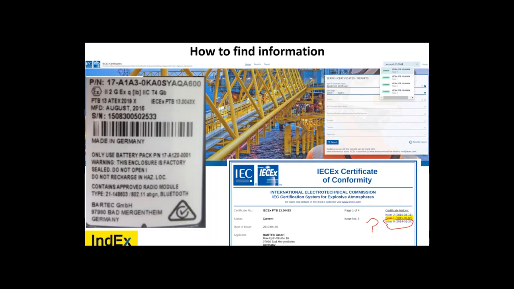But if it's separately certified, now you're starting to get into IECX assemblies, and that's a whole other presentation. When you start getting into assemblies or non-electrical, mechanical and electrical assemblies, we're coming into a field that less than 1% of the industry has information on.